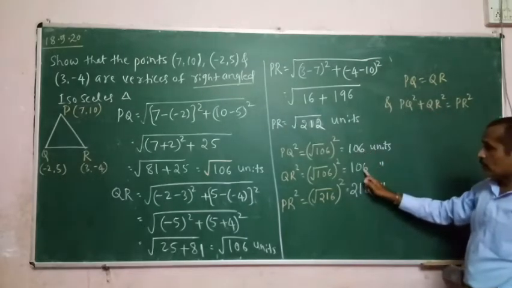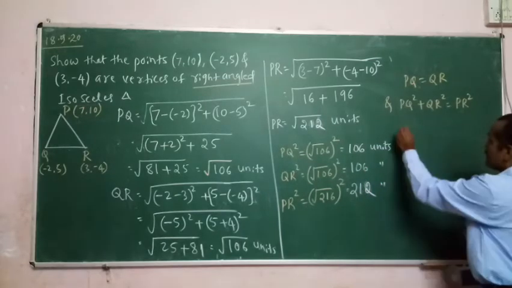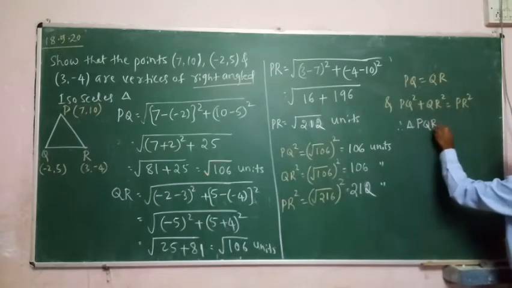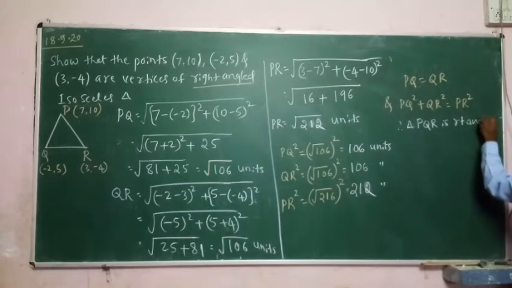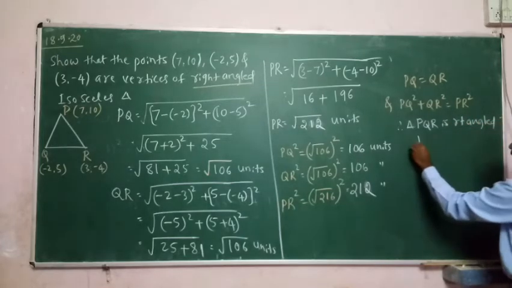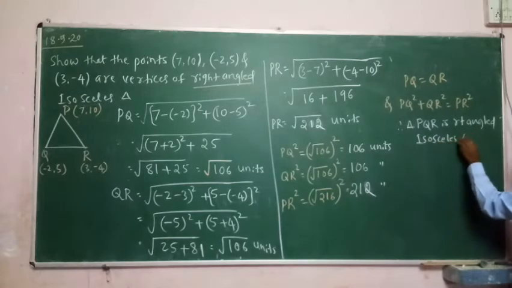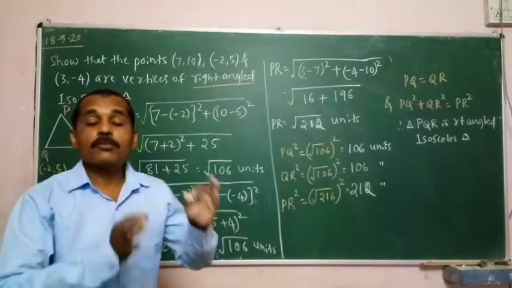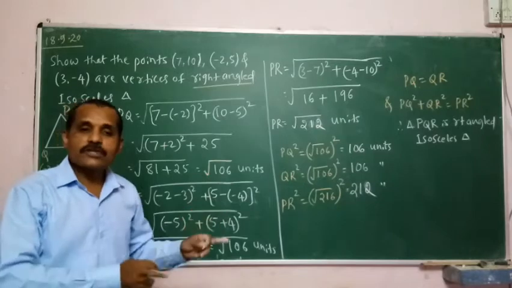This square is equal to this square plus this square. Therefore, triangle PQR is a right angled isosceles triangle. See the addition. This is the way the problem has to be solved for a right angled isosceles triangle.